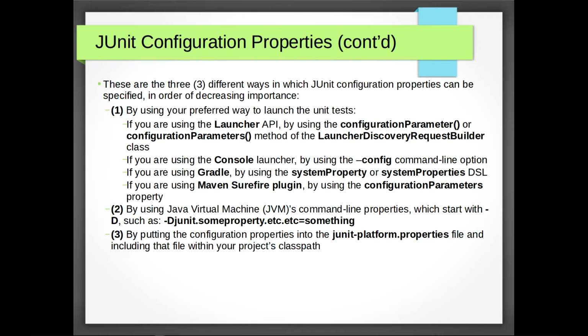These are the 3 different ways in which JUnit configuration properties can be specified, in order of decreasing importance. Way 1. By using your preferred way to launch the unit tests. If you are using the launcher API, you can do it by using the configuration parameter method or the configuration parameters method of the launcher discovery request builder class.